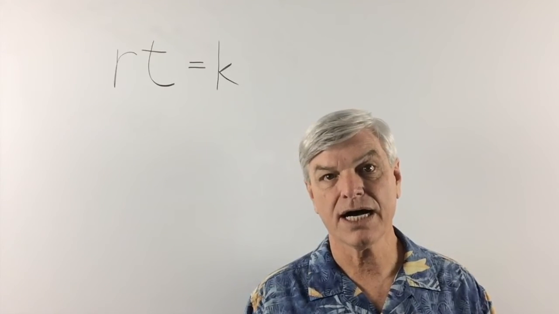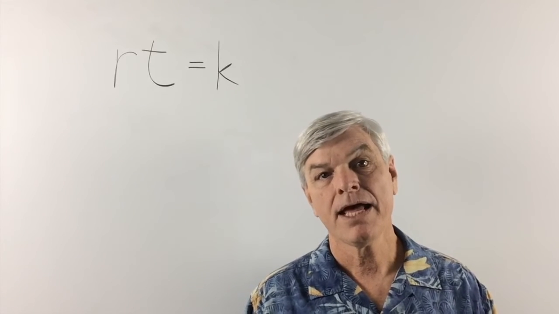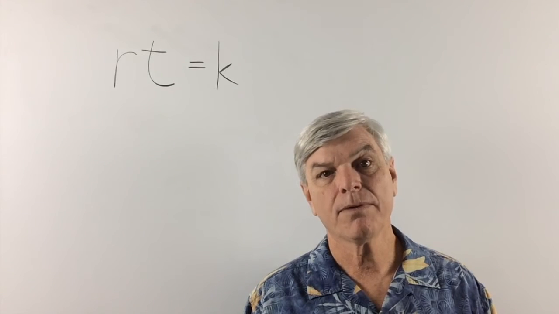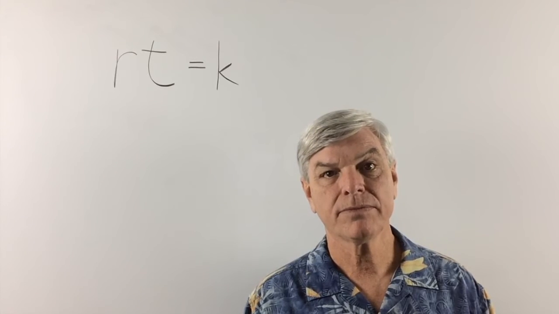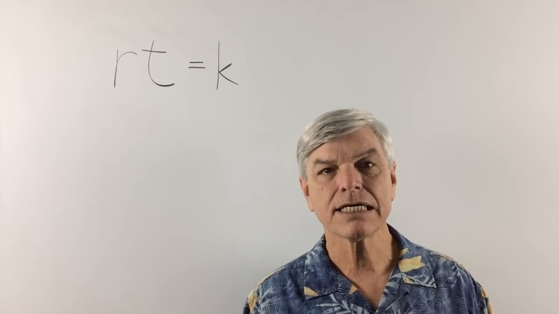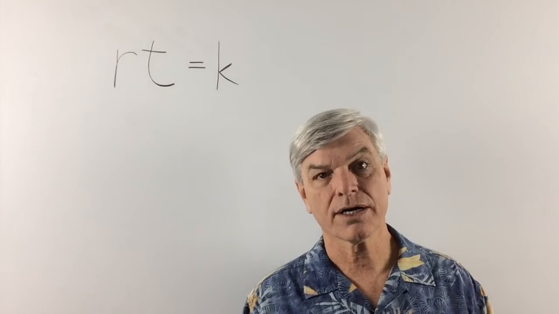T stands for time. Now that's usually in hours, but it doesn't have to be. And the constant is going to always be the same for this person who is associated with this problem. And the k in this instance is going to be his distance. It's going to be his distance to work.